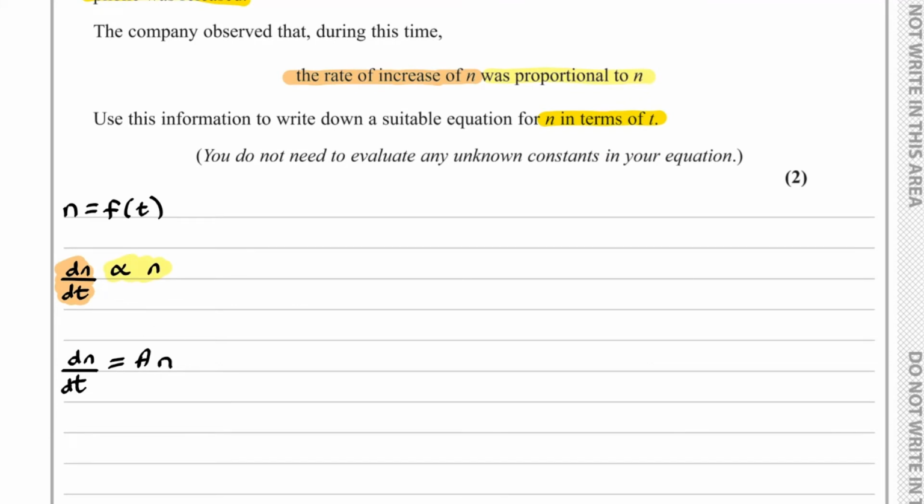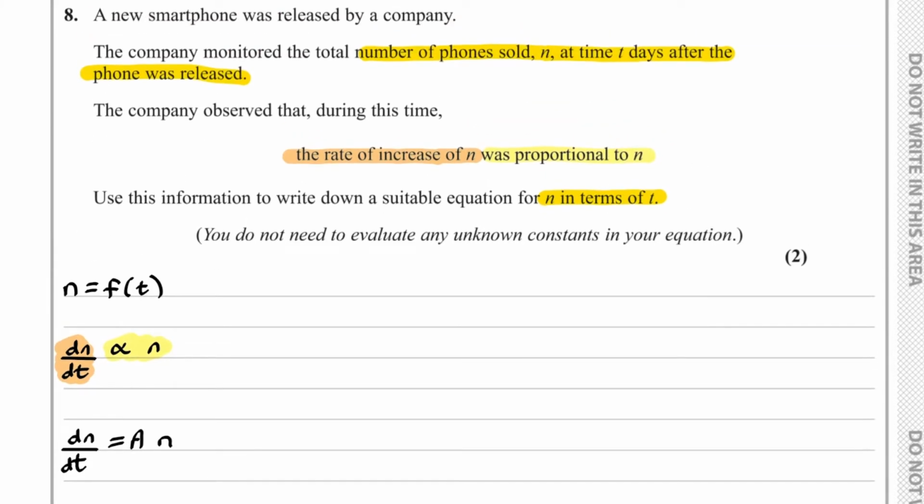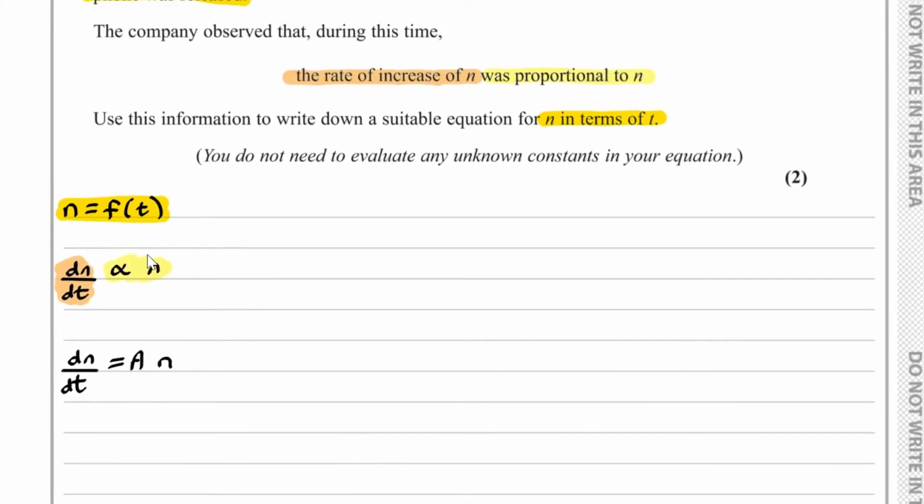Once we get to this stage over here, we now need to express n in terms of t, and for us to do that we need to recognize what function I have that when I differentiate it I get that function, and that's all this is saying.